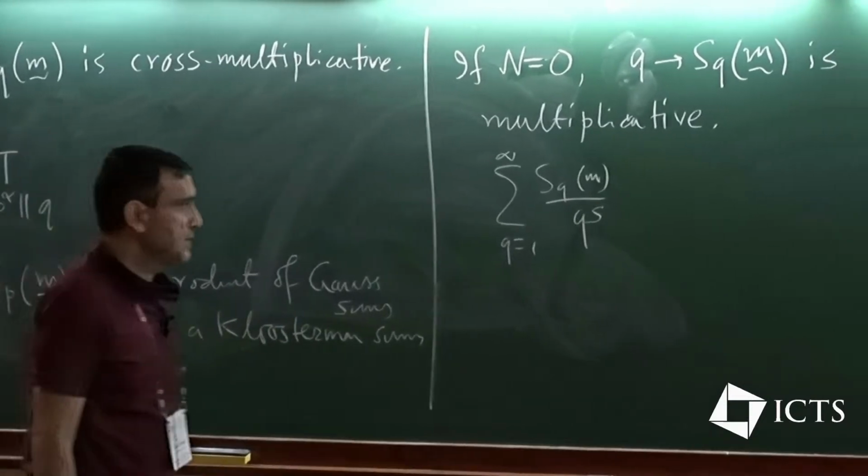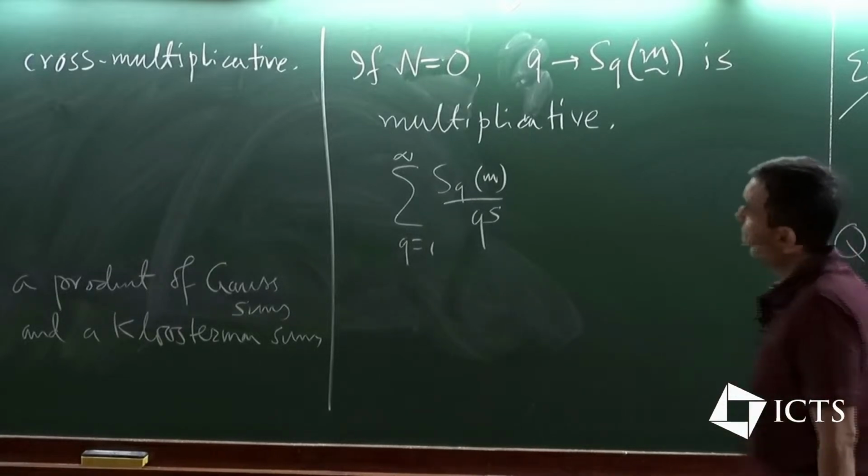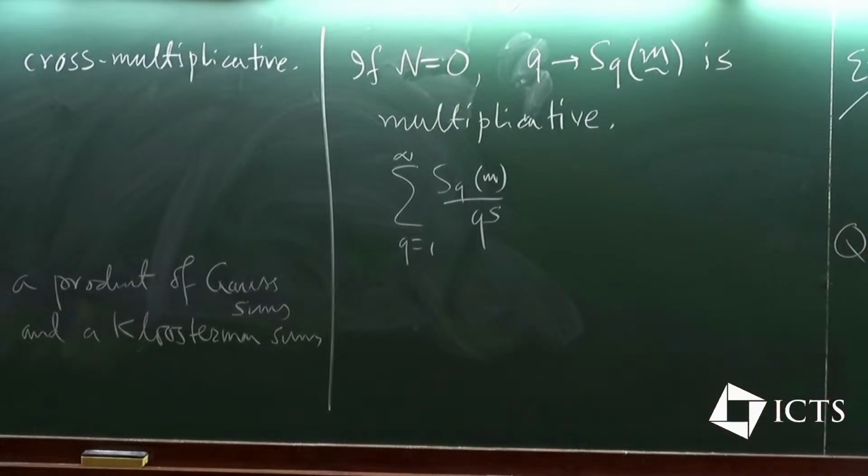So this is the situation we are in, and now the question is, what happens if n is non-zero and the form is indefinite? So that is the thing we want to consider.